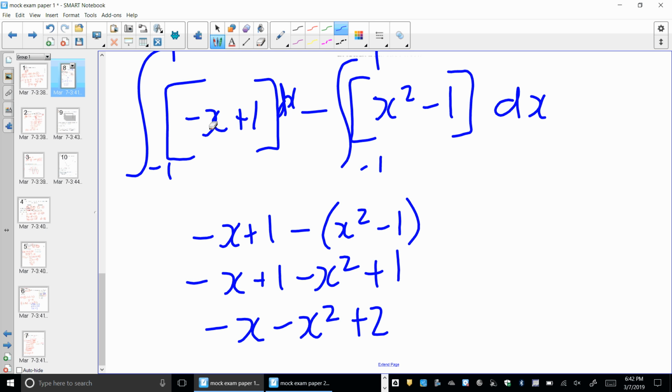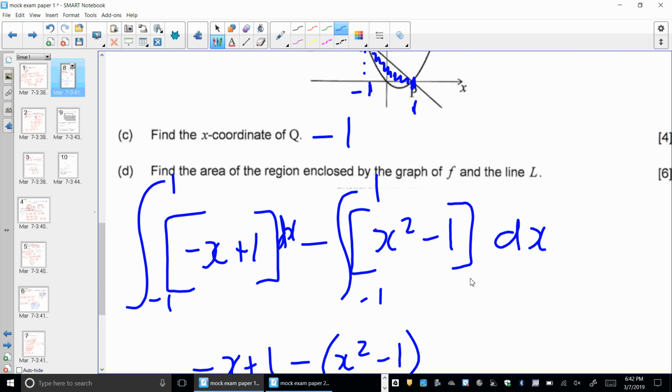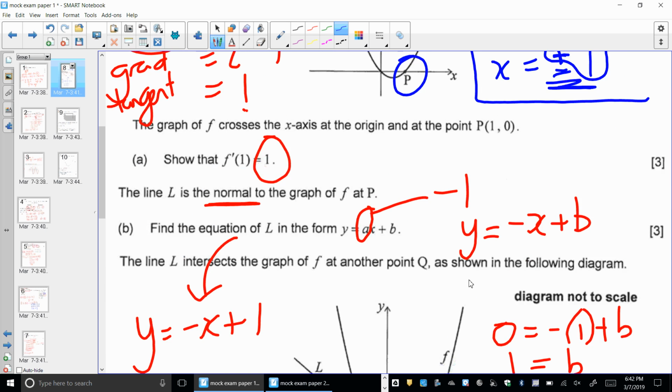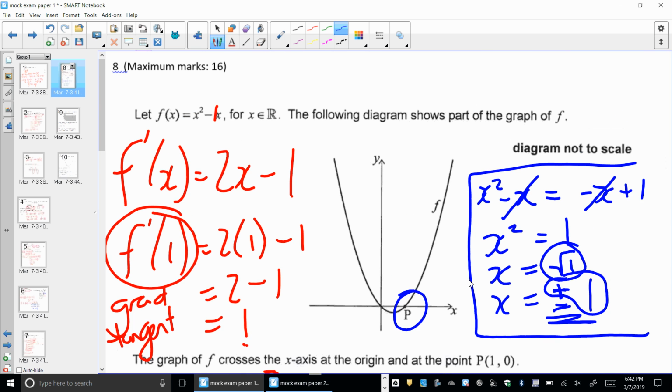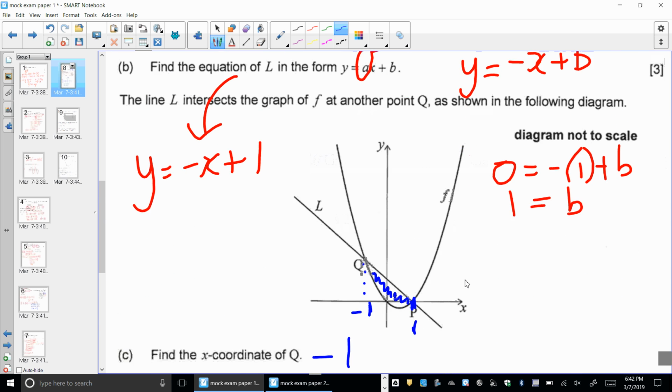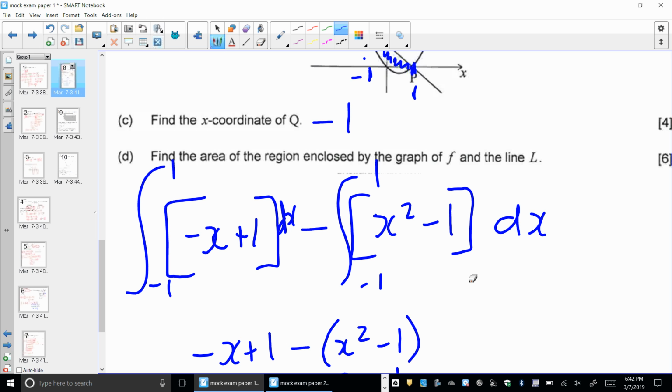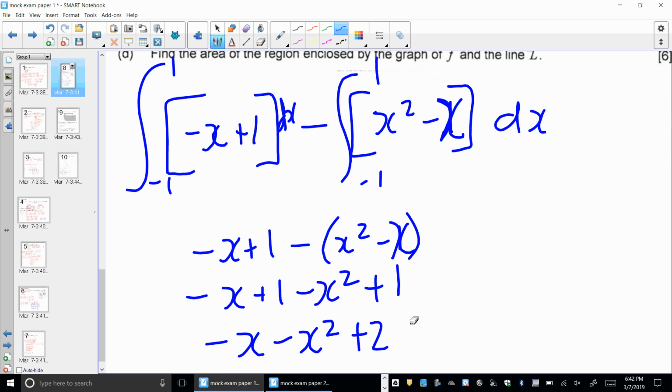It's minus x, x squared minus x. So that's plus x, and these cancel each other out.